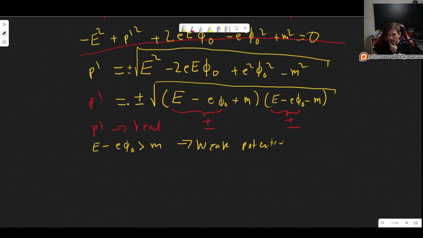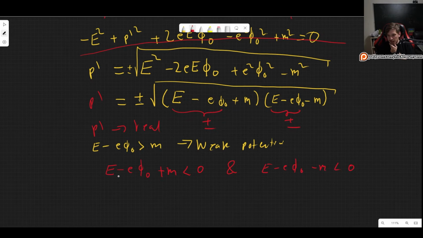And then we have another possibility. What if they are both negative? For them both to be negative, we would have E minus E phi 0 plus M smaller than 0, and also E minus E phi 0 minus M smaller than 0.